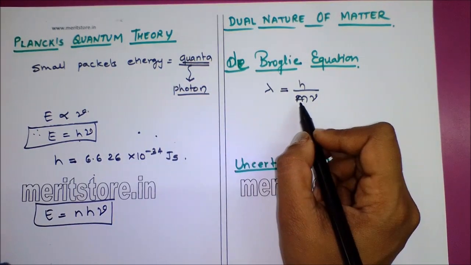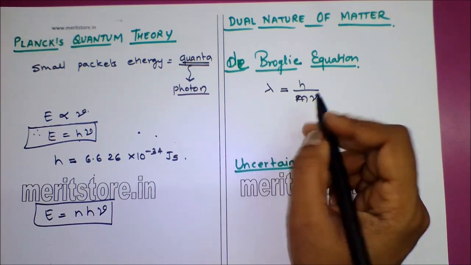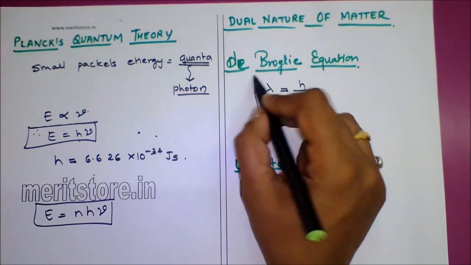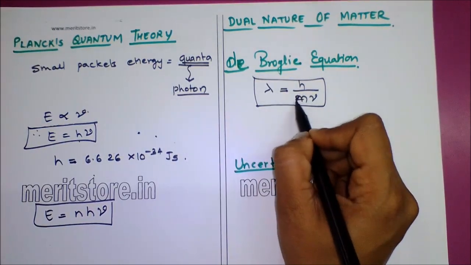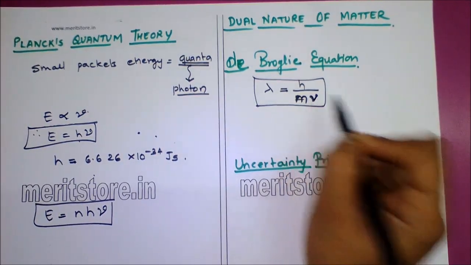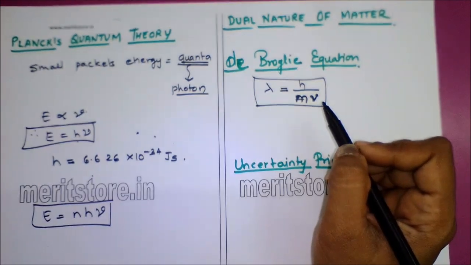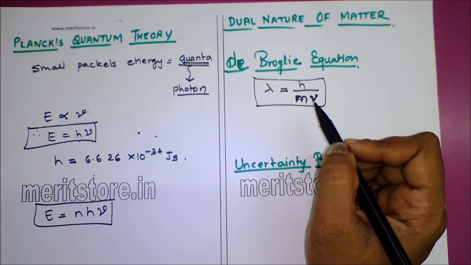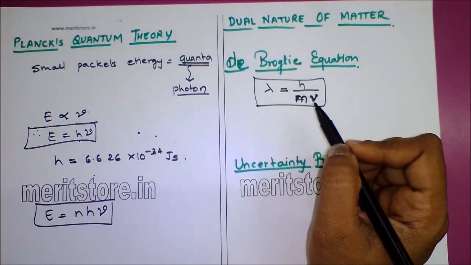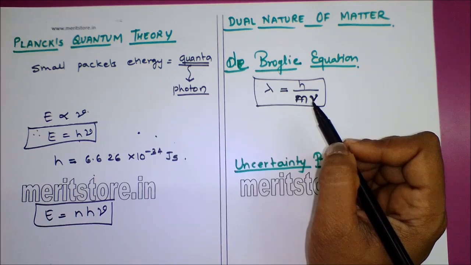This is the equation we can use to find the wavelength, where lambda is the wavelength, h is Planck's constant, m is the mass of the electron, and v is the velocity. So this is de Broglie's equation, which proves that the electron can behave like a particle as well as a wave.